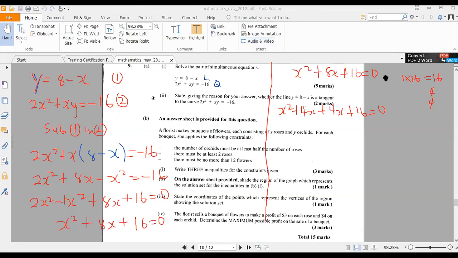All right. So what you're going to do here is take the first two and the last two. x bracket x plus 4, plus 4 bracket x plus 4, is equal to 0.